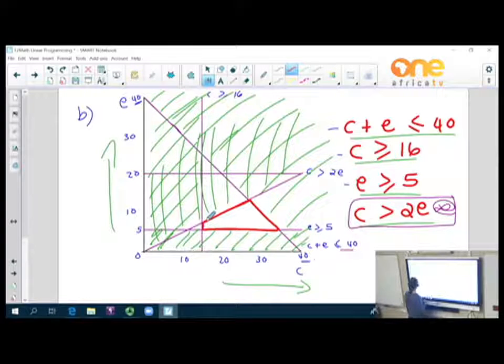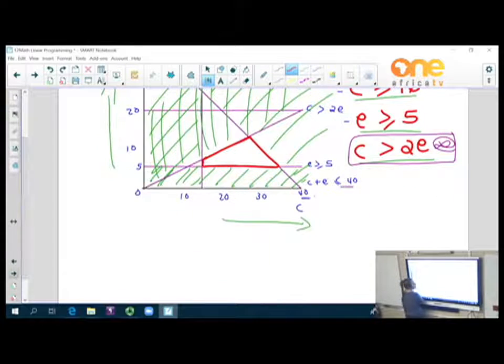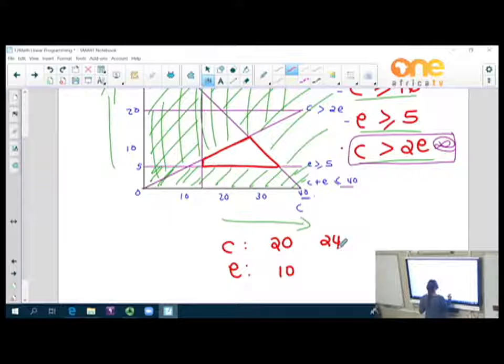And then for C again, you need to give two possible combinations which satisfy the above conditions. Again, I'm going to write mine down for you, even though you can have something else. I've got C as 20, which means E needs to be half of that, so that's 10, and you can have C as 24, and E should be half of that, and it will be 12.